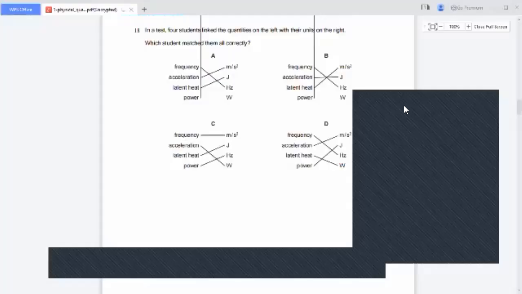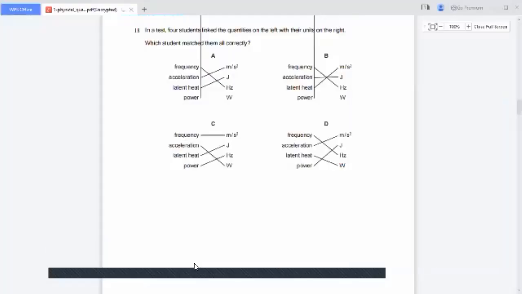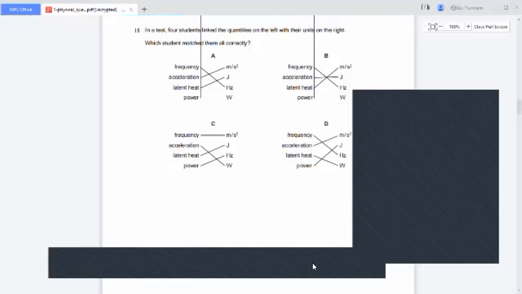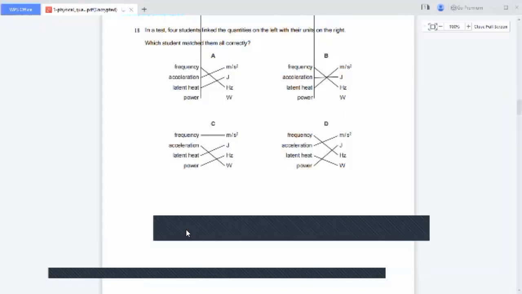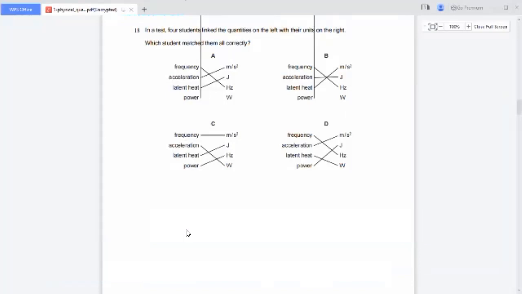So in question number 18, it says, in a test, 4 students linked the quantities on the left with their units on the right side. One student matched them all correctly. Which student matched them all correctly? So the things are frequency.